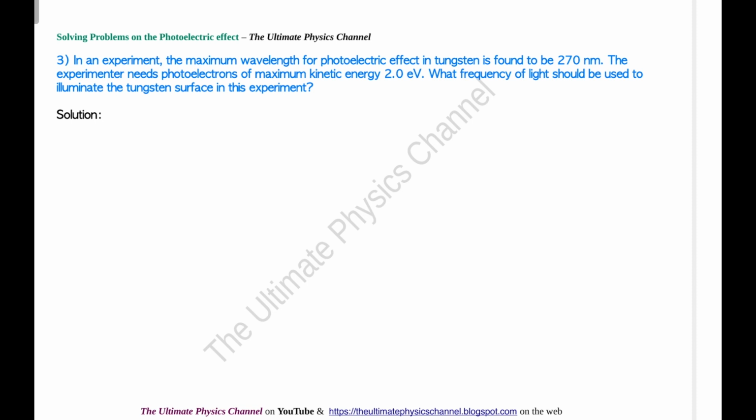Third problem. In an experiment, the maximum wavelength for photoelectric effect in tungsten is found to be 270 nanometers, that is lambda max. Let's write it down, 270 nanometers. The experimenter needs photoelectrons of maximum kinetic energy 2 eV. Ke max of the emerging electrons is 2 eV. What frequency of light should be used to illuminate the tungsten surface in this experiment?